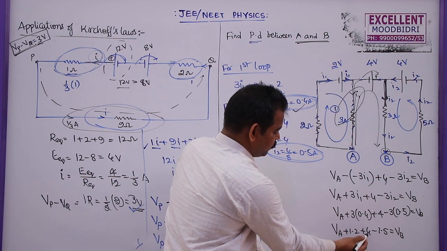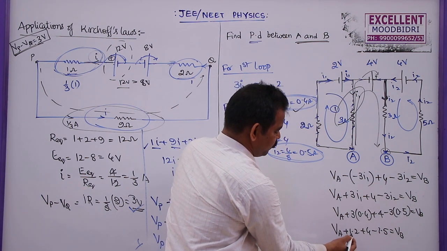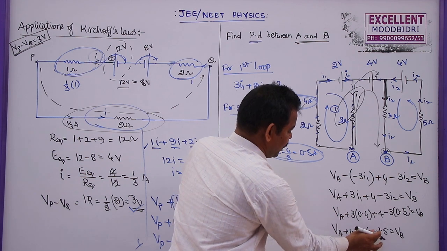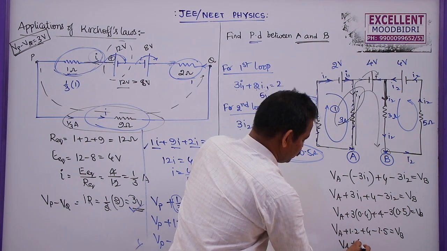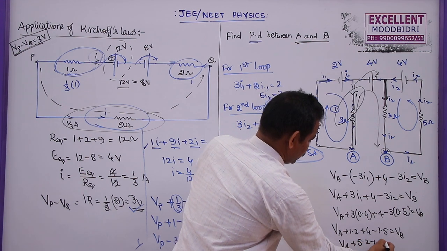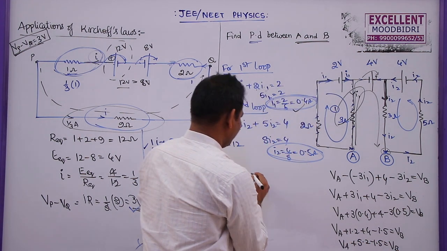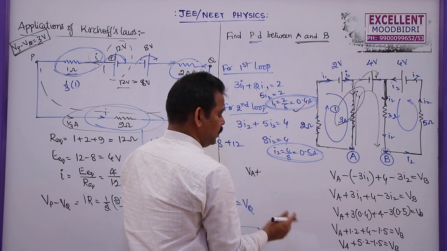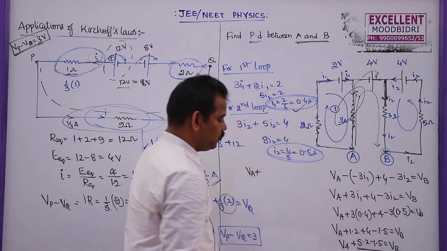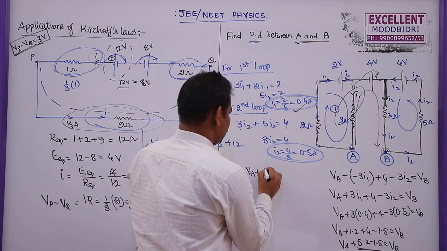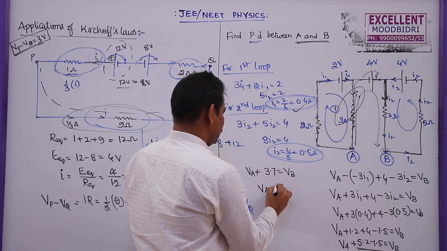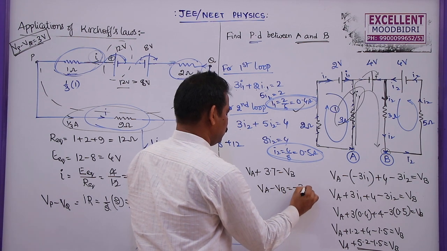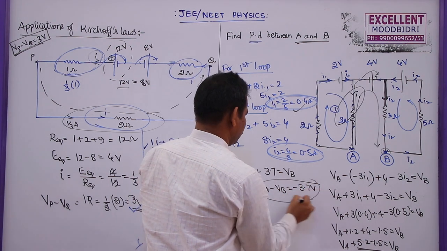You can see this one, 4 plus 1.2 is 5.2, minus 1.5. So VA plus 5.2 minus 1.5 is equal to VB. Here you can see this value, 5.2 minus 1.5 is 3.7. So VA plus 3.7 is equal to VB. So VA minus VB is equal to minus 3.7.